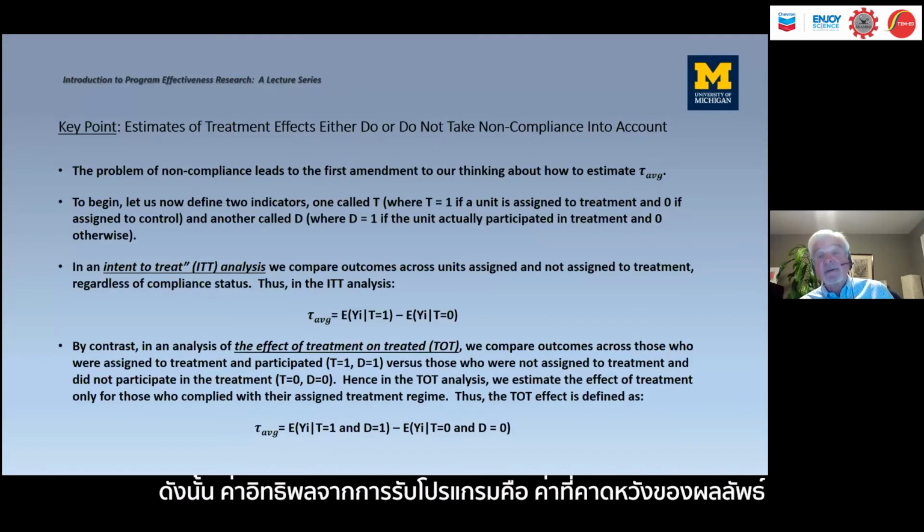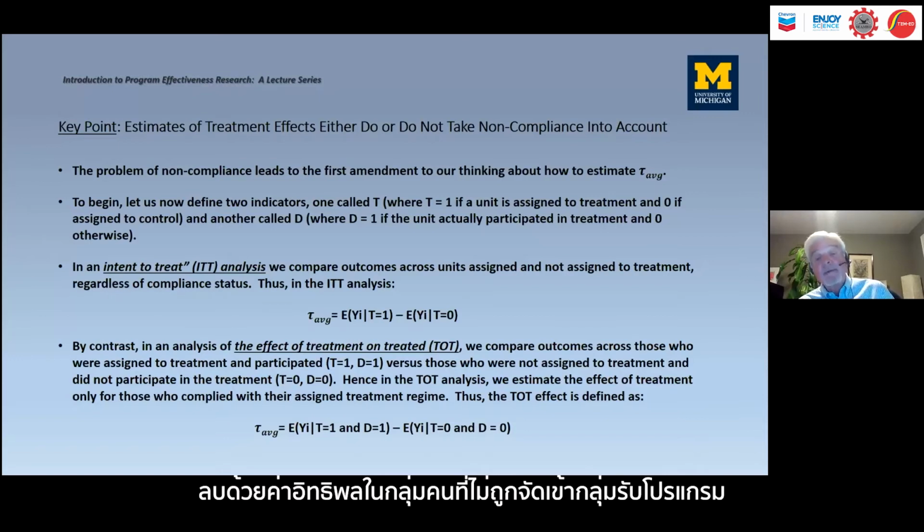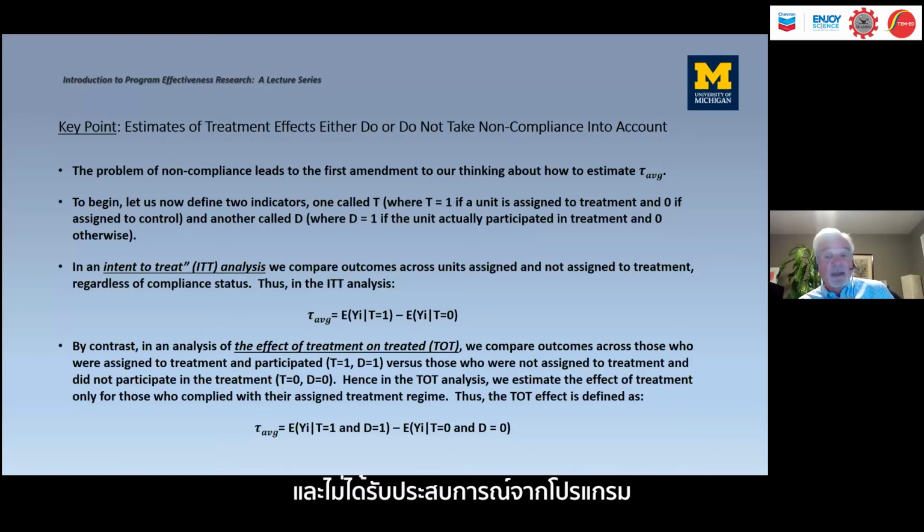So the treatment on treated effect is the expected value of an outcome given you were assigned to treatment and experienced the treatment minus the expected value of the outcome among those who were not assigned to treatment and did not participate in treatment. Okay, so those are the formal definitions of the ITT and the TOT.